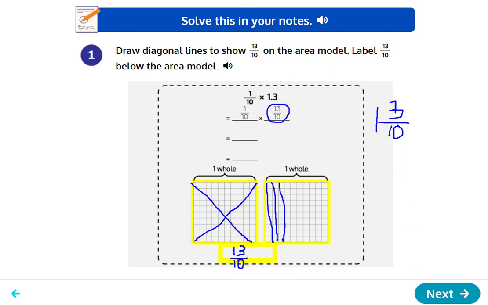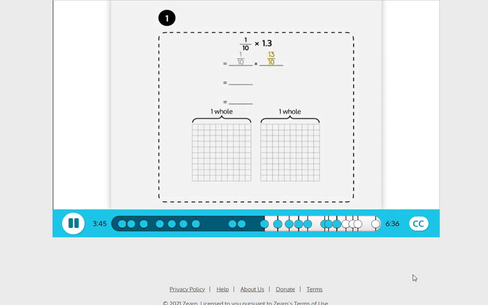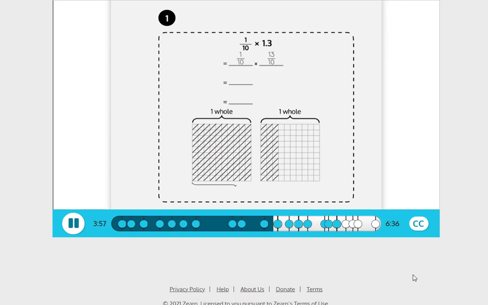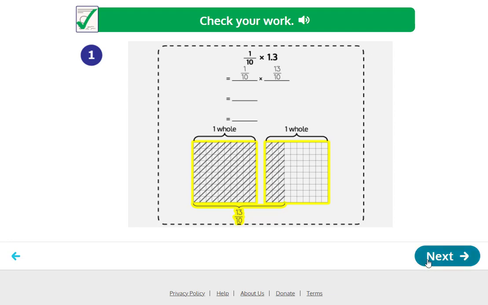Okay? I'll show 13/10 like this. 10/10 is the same as one whole, 11/10, 12/10, 13/10. I'll draw a bracket and label 13/10 here. Check your work. Looks like that's what we got. Okay? And if you need to fix it, fix it. That's what erasers are for.